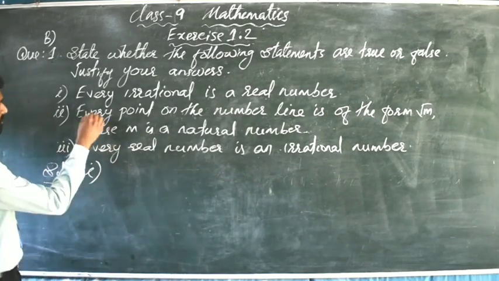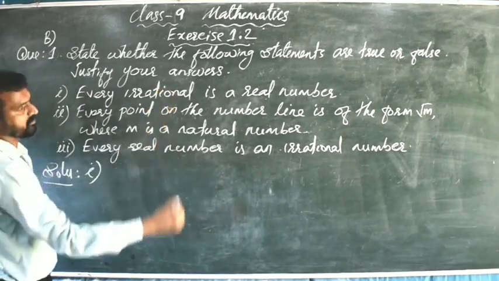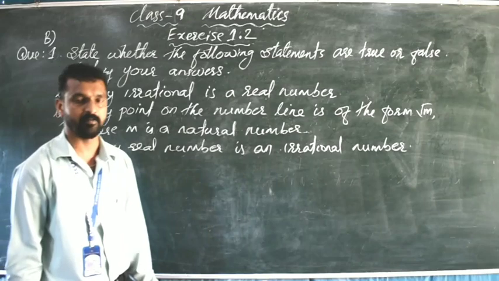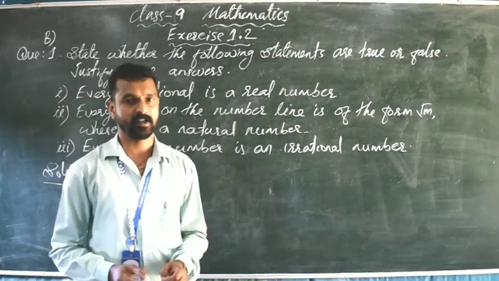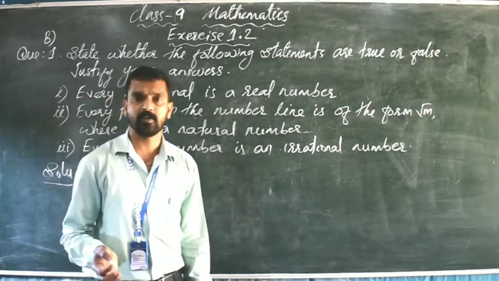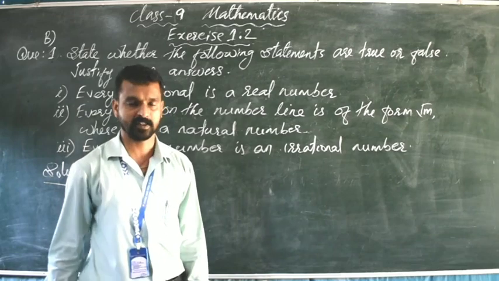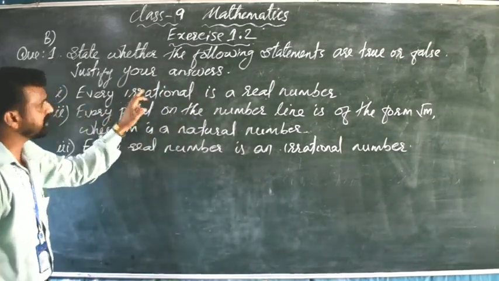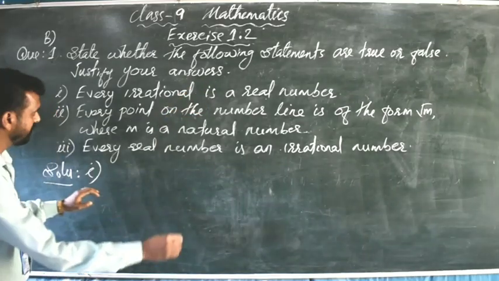See the first question. Every irrational number is a real number. Already I told what real numbers are: the collection of all rational numbers and irrational numbers together is called real numbers. So every irrational number is a real number. That is true.